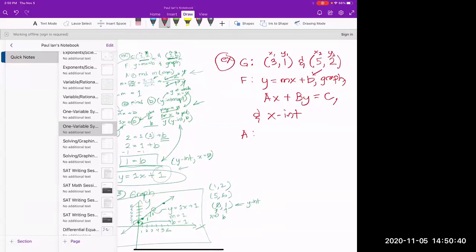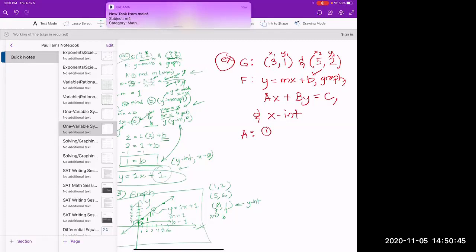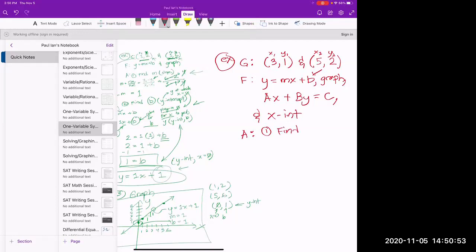All right. So the solution or the answer is, do you remember how we found the slope, given the two coordinates? No. Okay, let's cover it again. So very first step, every time they ask you something like this, find the equation of the line, y equals mx plus b, you need to find the m first, and the m is the slope.